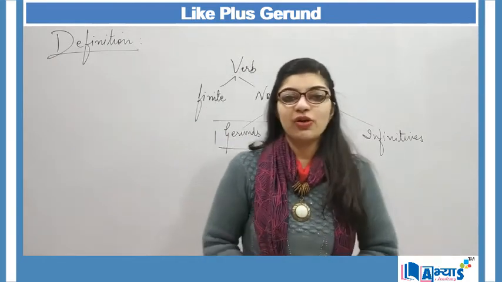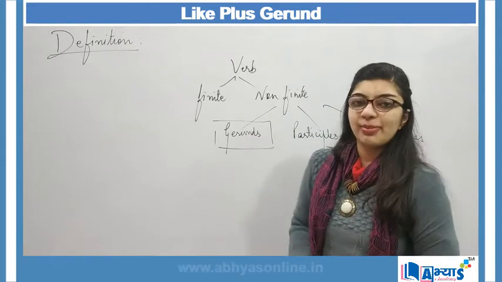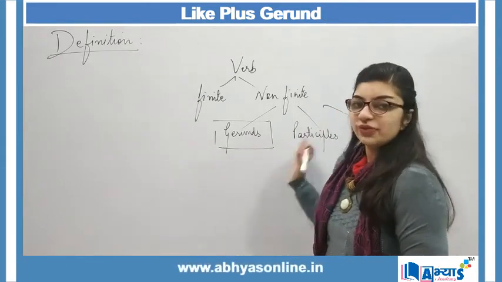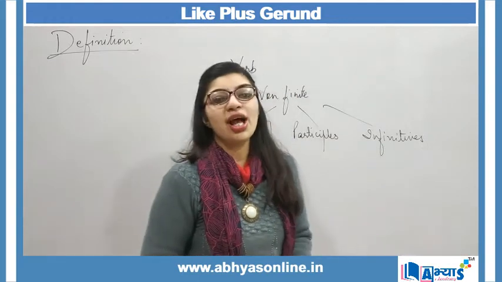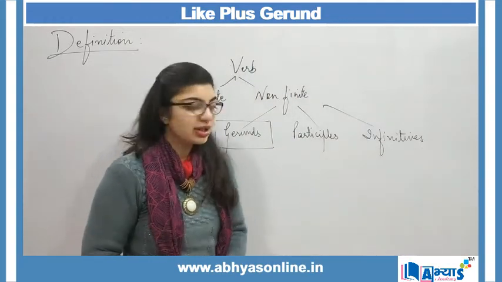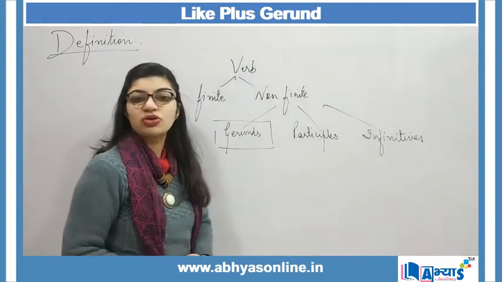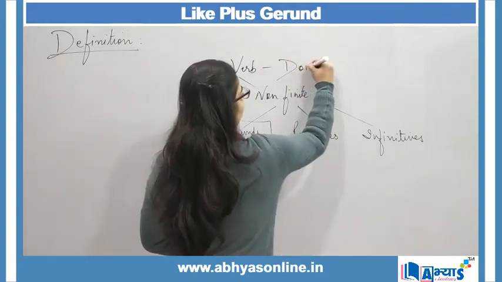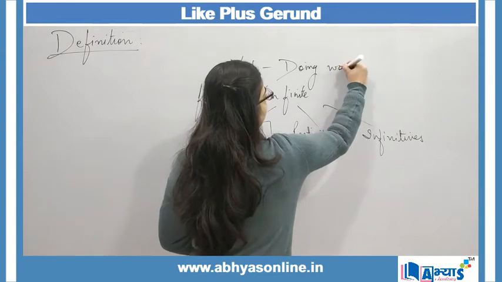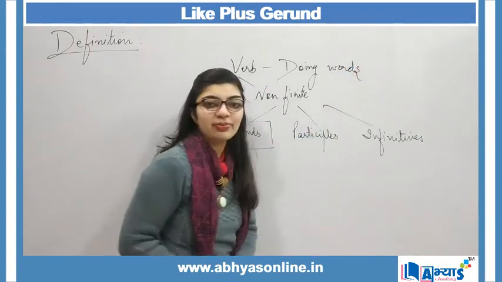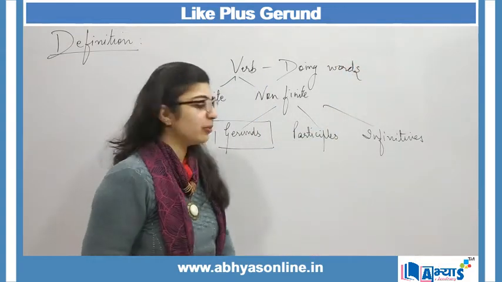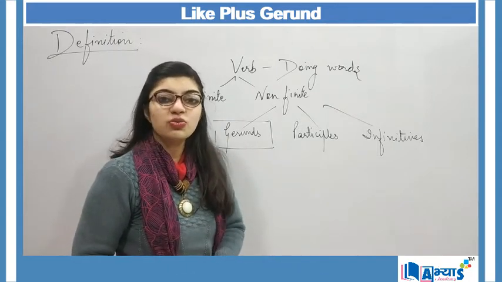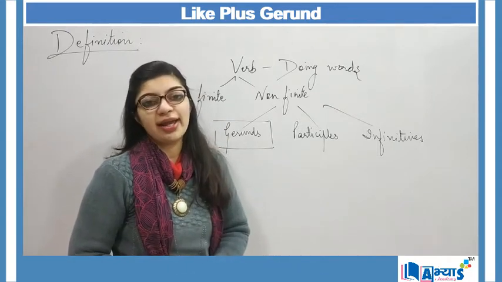Gerunds are basically all those verbs. Now here we are talking about verbs, be it finite, be it non-finite, or any of these three categories. All are considered to be verbs. Now verbs are all those doing words. Verbs are defined as doing words. These are all those words which show some kind of action which is being performed. So here gerunds are defined as all those verbs which end with ing.